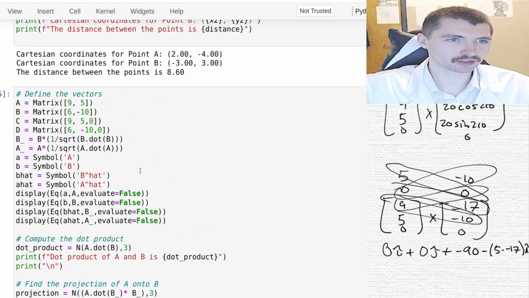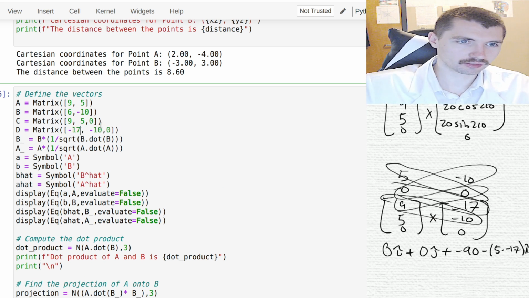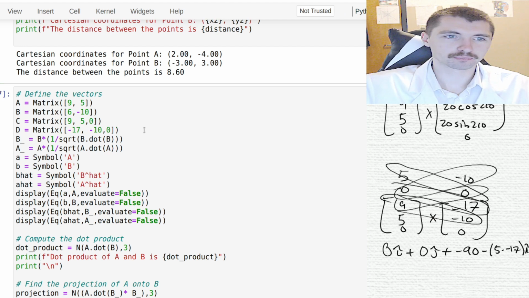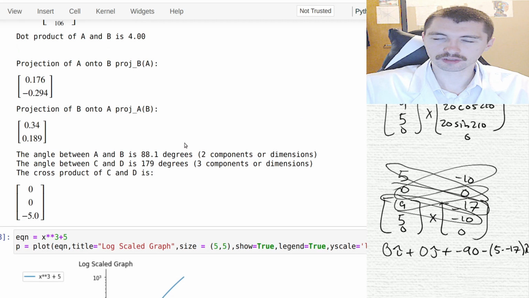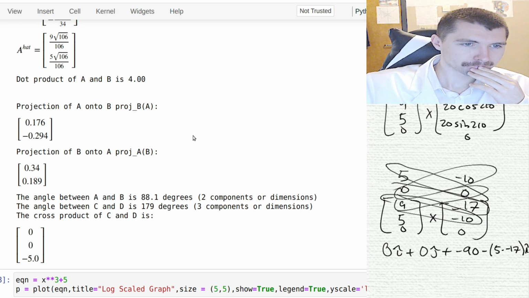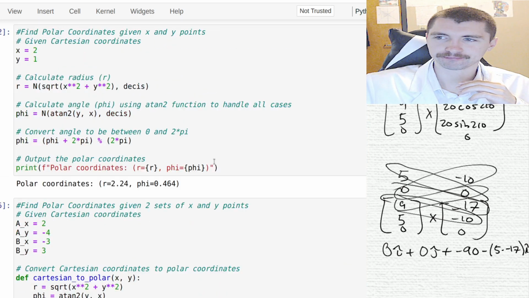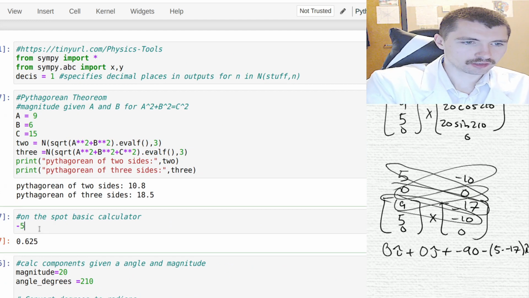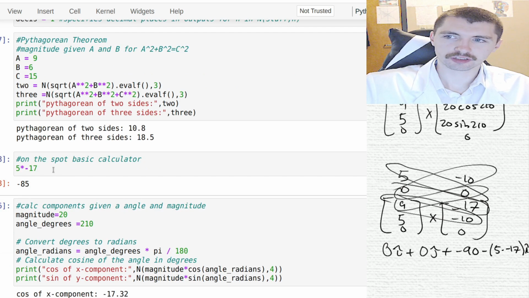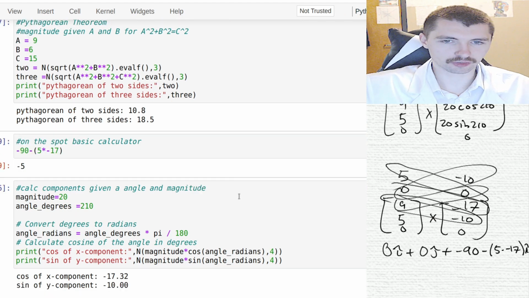Let's go and calculate that, and we should have a good intuition. Negative 5 times negative 17 is 85. Negative 90 minus that is 5. So the math checks out.